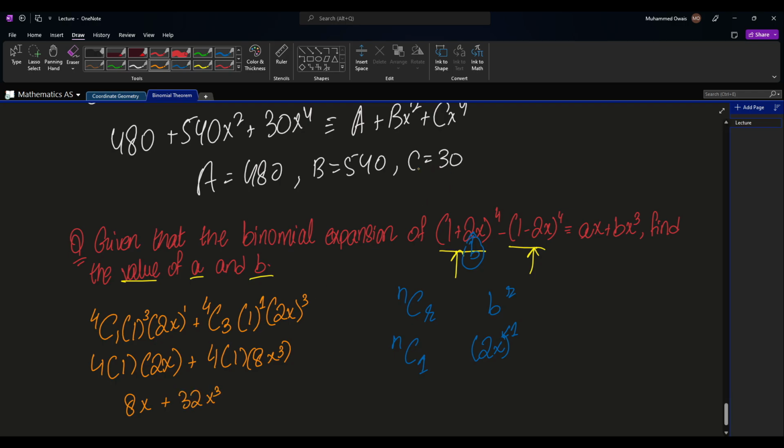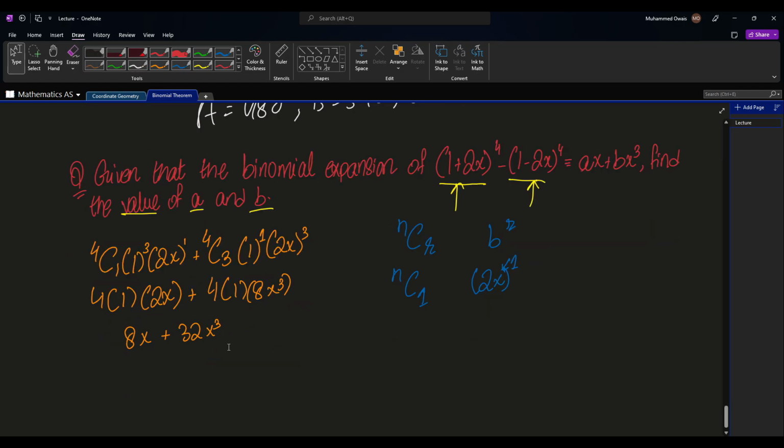Now if we notice something, it is that these two are exactly the same. Let me show you that this and this are exactly the same. The only difference is the negative sign.